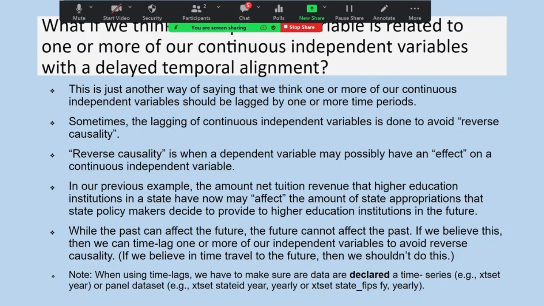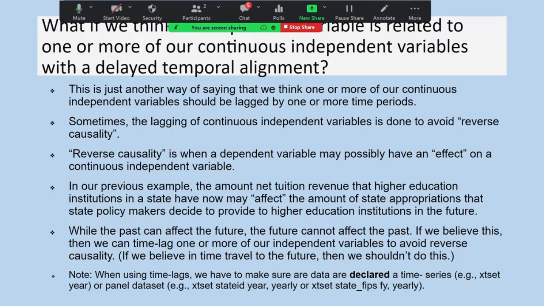But what if the state says, we're going to appropriate money this year to institutions by looking at how much they received from tuition in the prior year? Apparently, they could raise tuition and get revenue, right?